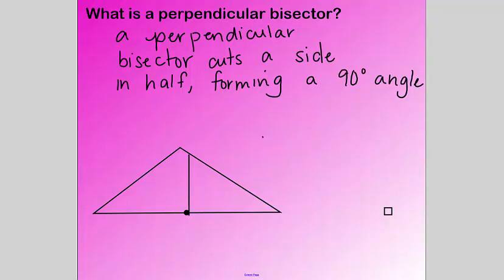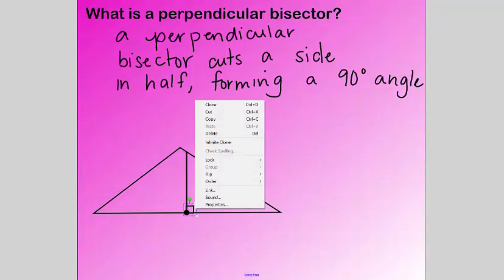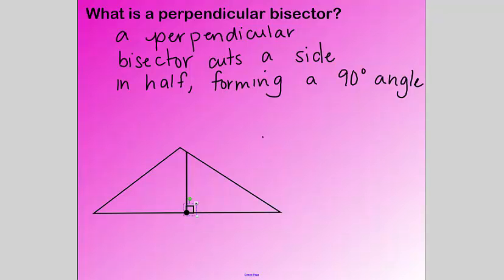This perpendicular bisector would be perpendicular, forming this right angle here, and would cut this side in half, so both of these pieces would be equal.